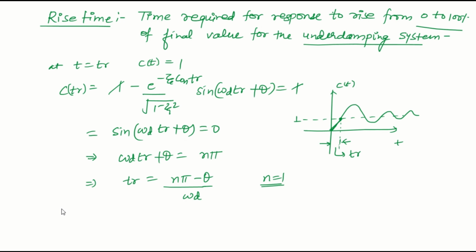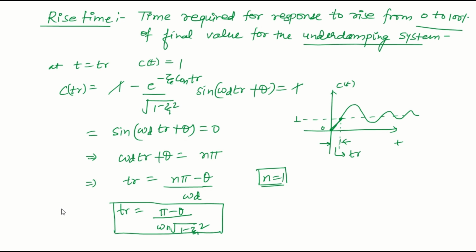In how much time it attains this value 1, from 0 to 100% of the final steady state value? So, for this the value of n is equal to 1. So, finally the rise time is pi minus theta divided by omega d, where omega d is omega n square root of 1 minus zeta square. So, this is the value of rise time.